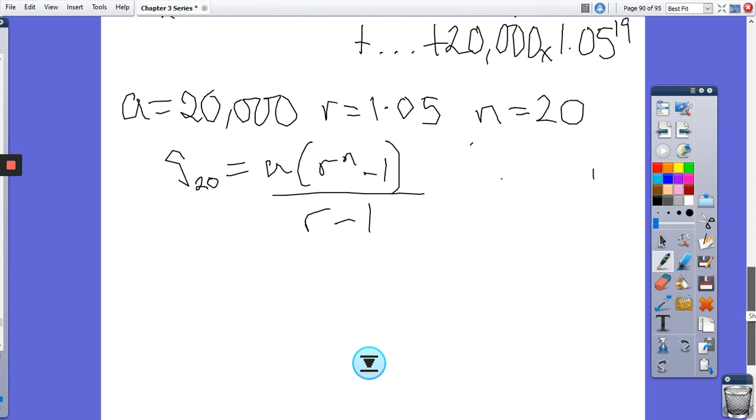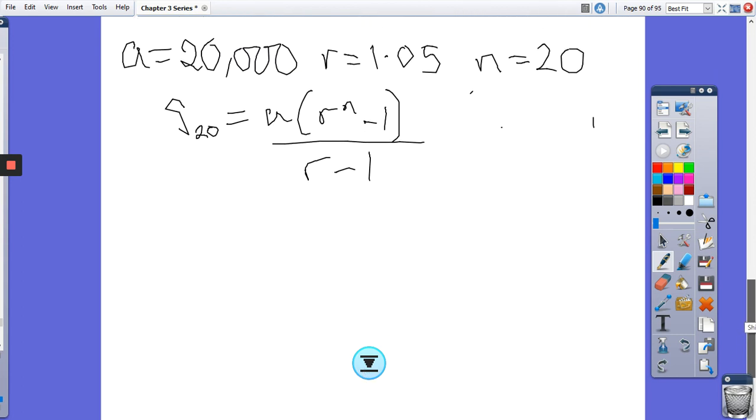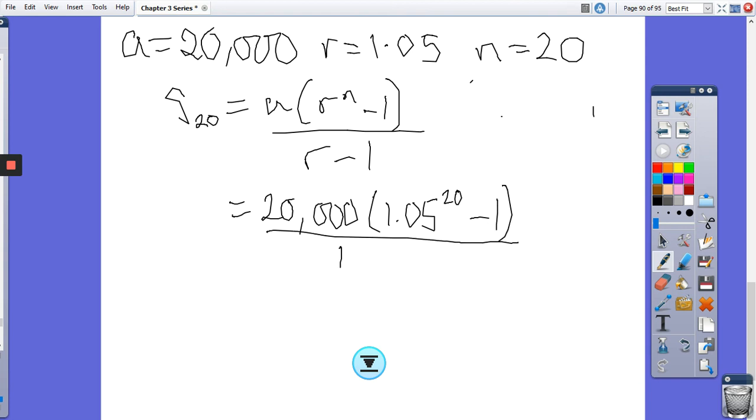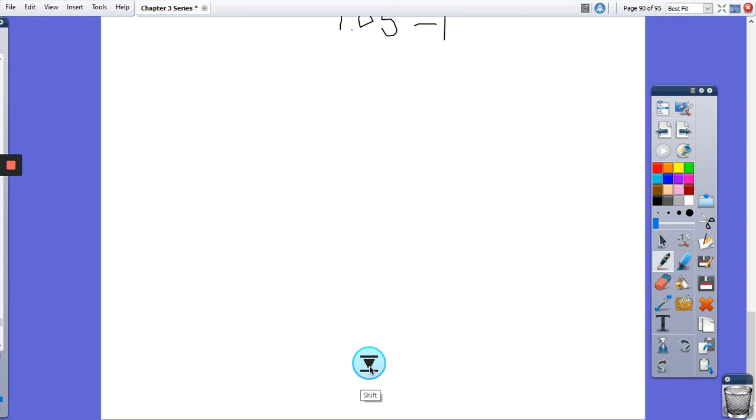Plug those values into my formula. So we're going to get 20,000 times 1.05 to the 20 minus 1 over 1.05 minus 1.